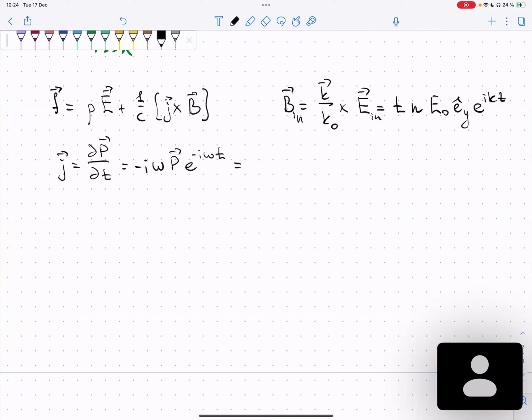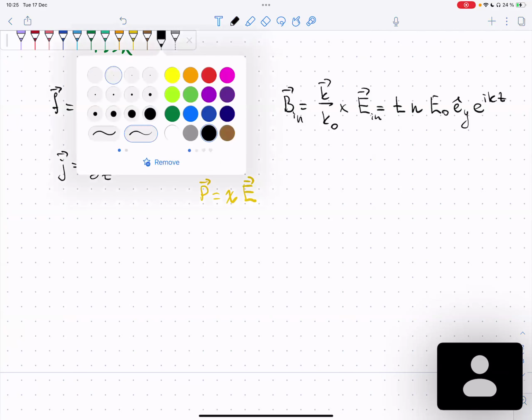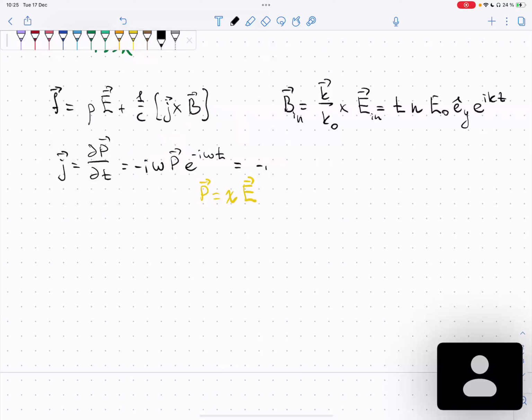And the polarization equals the susceptibility multiplied by the electric field. So it equals minus i omega chi multiplied by the electric field inside, exponent minus i omega t.